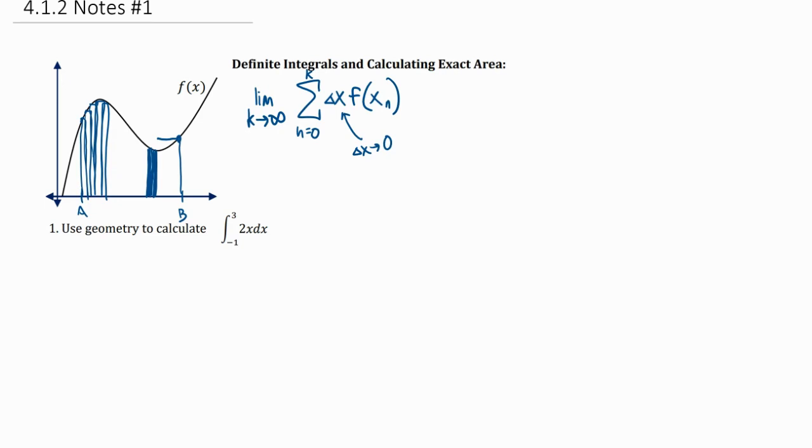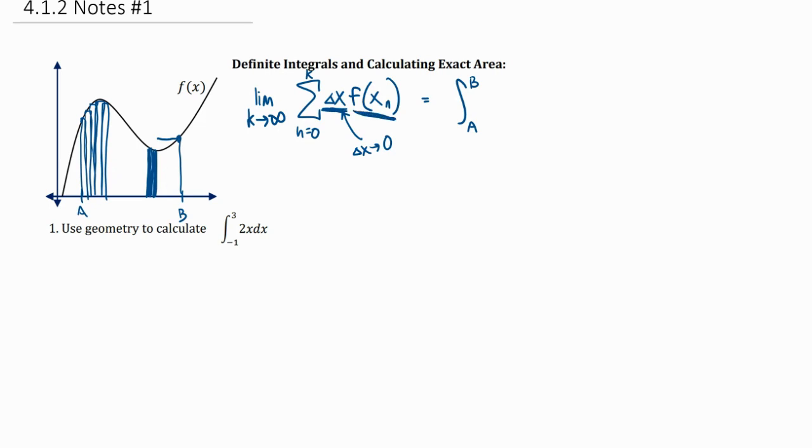Well, instead of writing this all out all the time, this is what we do. We write it as an integral. So an integral is going to have bounds. Our bounds are from a to b. So that is the area from a to b. And then think about where this Riemann sum came from, right? Delta x was the width, f of x sub n was the height.